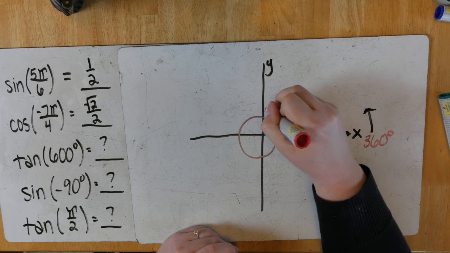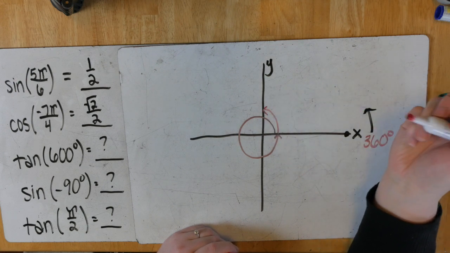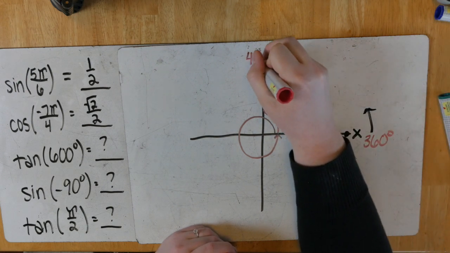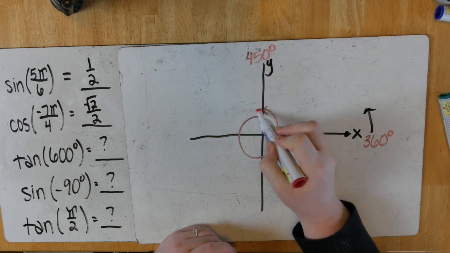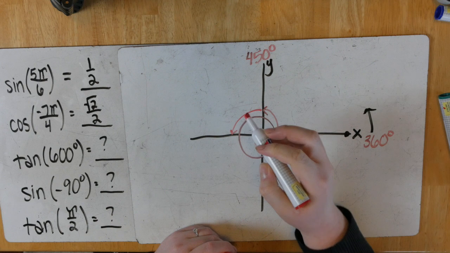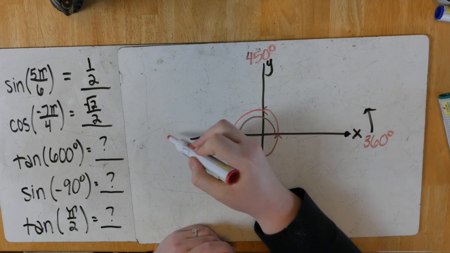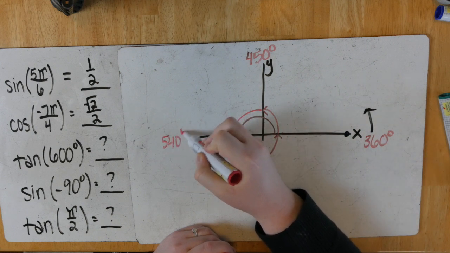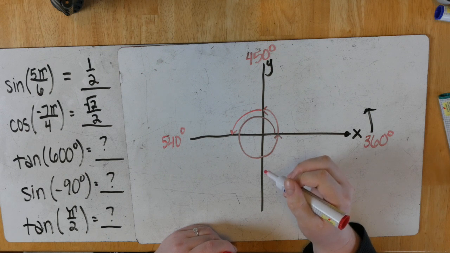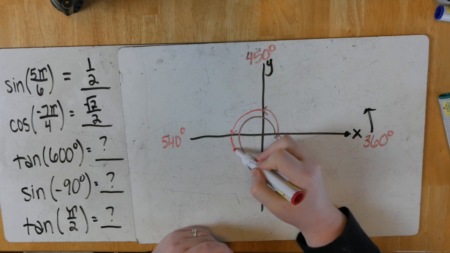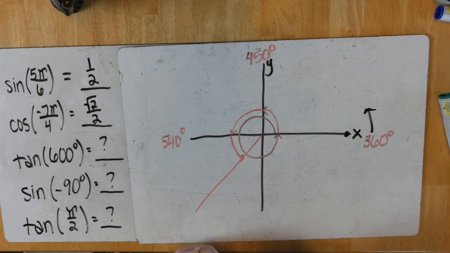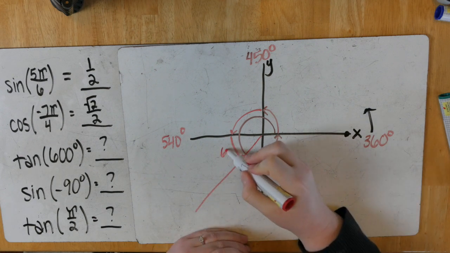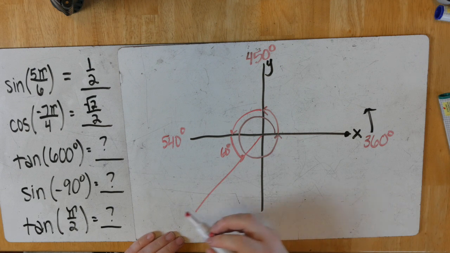If we go another 90 degrees, we reach 450 degrees. And if we go another 90 degrees, we reach 540 degrees. And then we still need to go another 60 degrees before we reach the angle that we want, which is 600 degrees.